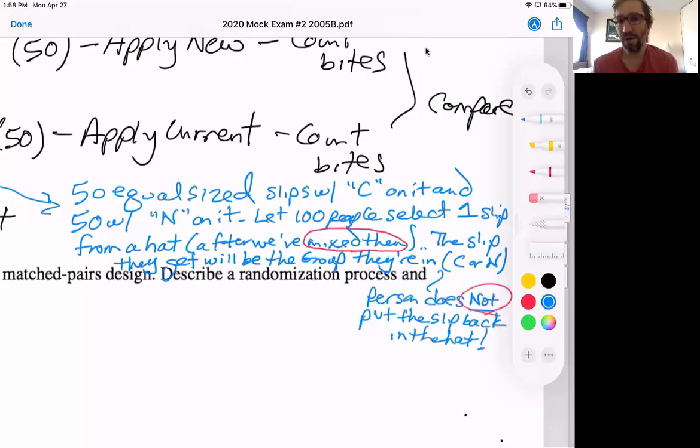So there's other ways that you could randomize the treatments. You could number all the individuals, use a random number calculator to randomly select 50 different numbers. Make sure you have different numbers. And then those 50 numbers will receive the new treatment. And then the remaining 50 people who weren't selected will receive the current treatment. That's pretty easy to say too. I would encourage you though to say that they're different numbers.